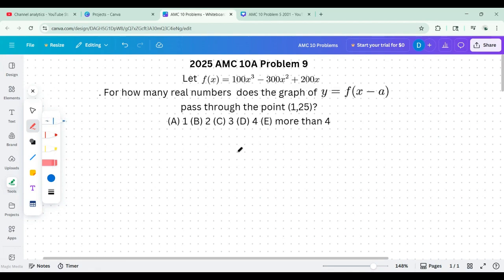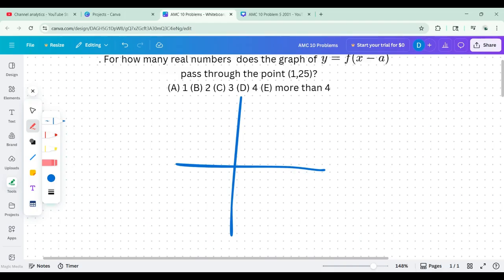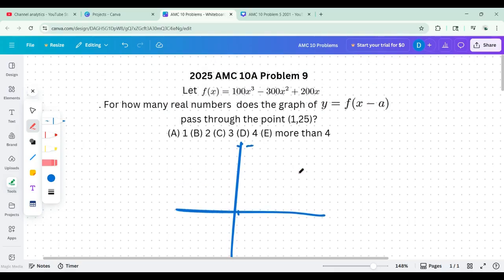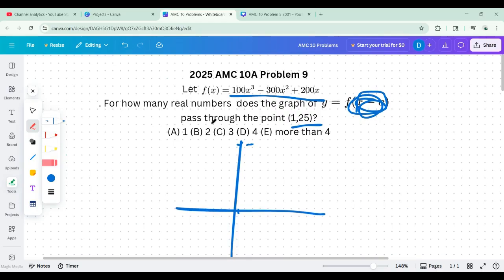So we can kind of visualize this on a graph. We have point 125 here. And essentially what we're trying to do is make sure that this graph passes through, once a value is inputted to x minus a, that it passes through 125, or how many times it does pass through 125.